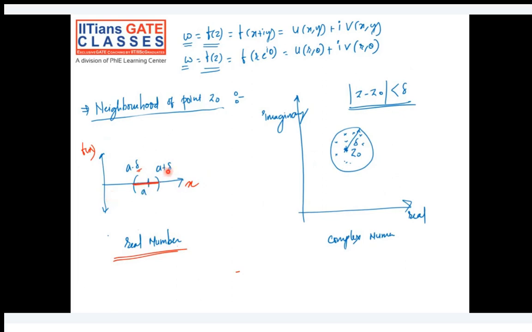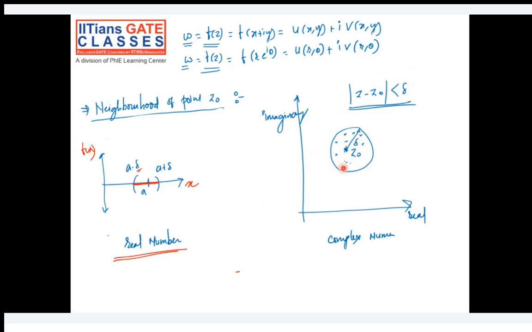But in the case of complex numbers, we know that to represent a complex number itself we need one graph. So z, for example, modulus of z minus z naught less than r or less than delta, is the set of all the points within the circle of radius delta, right?